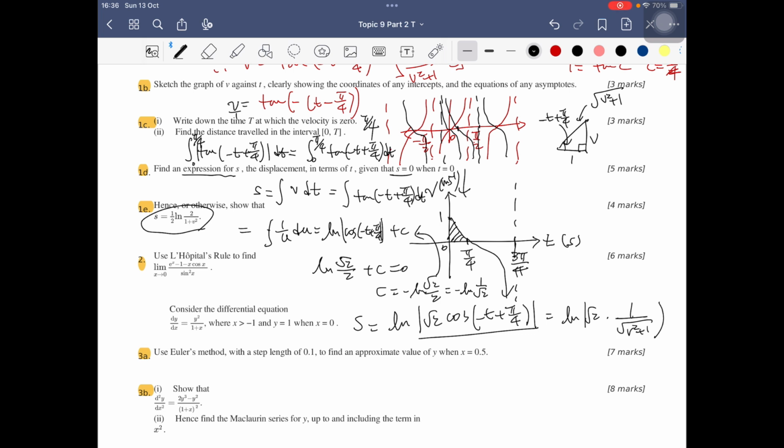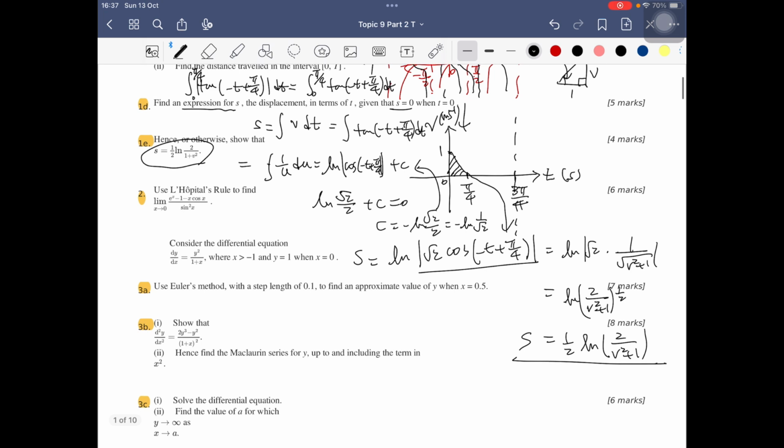So now this makes sense. 2 over v squared plus 1, square root. The square root is a power of 1 over 2, so the 1 over 2 comes out. So it becomes ln of 2 over v squared plus 1, which is s.